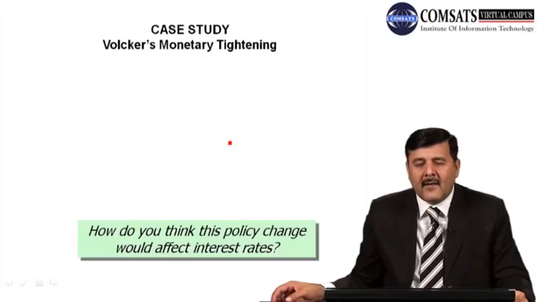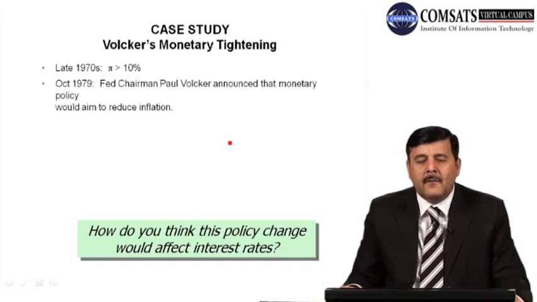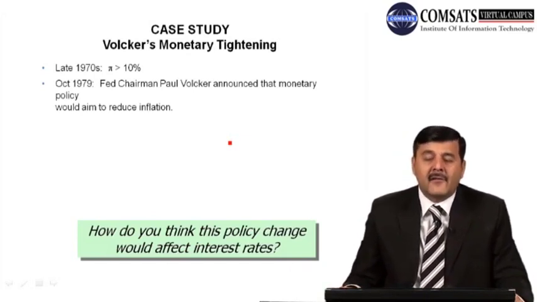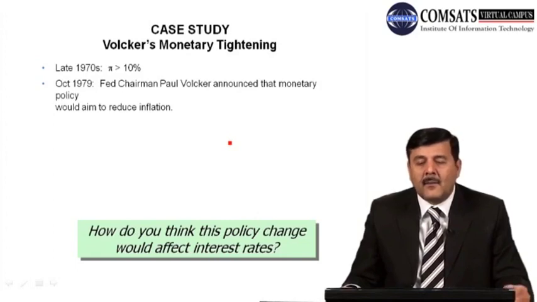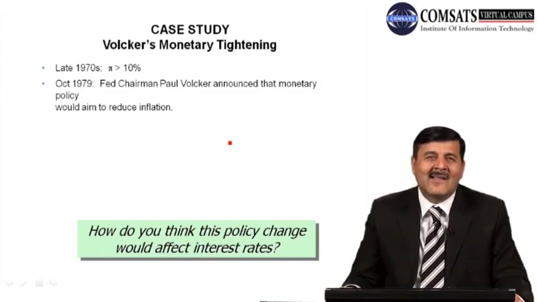Now we'll discuss a case study, and that is Volcker's monetary tightening. Volcker was the policy maker who introduced a tight monetary policy in the economy. In the late 1970s, the inflation rate in the US was greater than 10%.